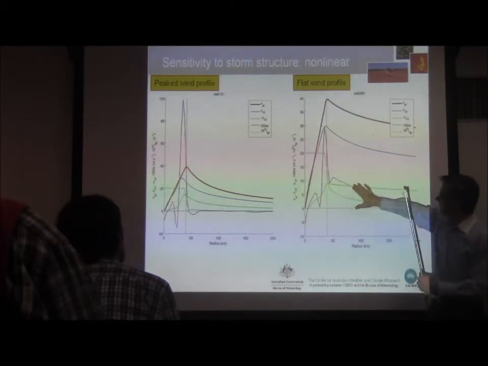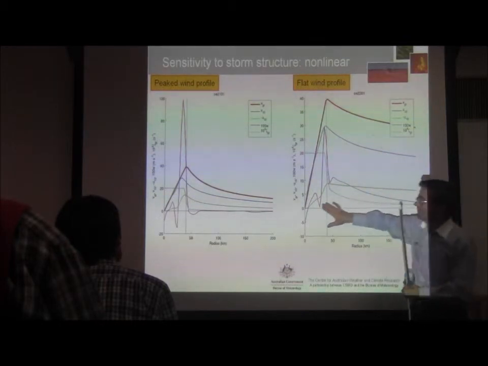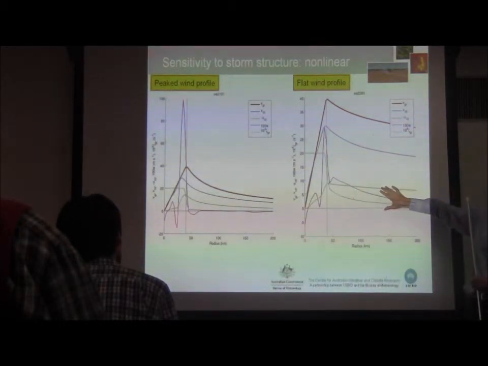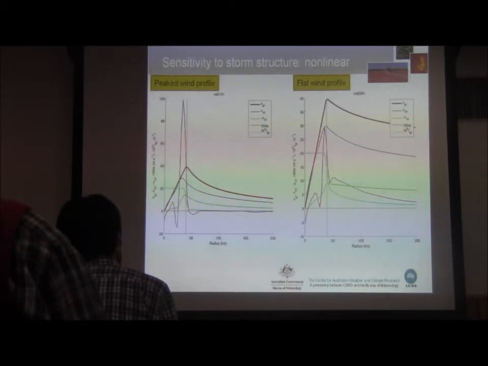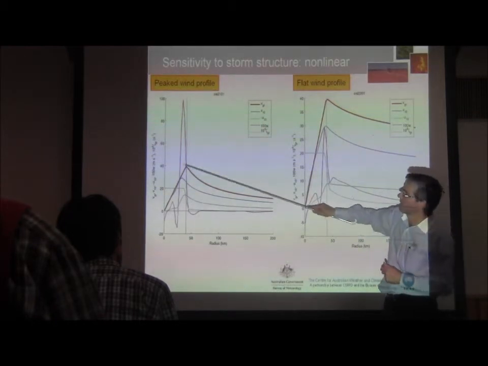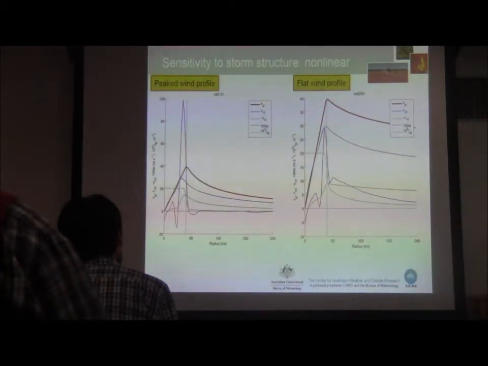So in this case, U dM/dr is about the same as U dM/dr in this case. But dM/dr is large, so U is small. Here, dM/dr is small, so U has to be large. And so we get a stronger inflow and much stronger updraft concentrated in the eyewall in the peaked case.